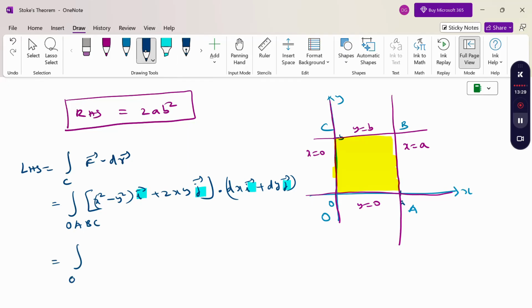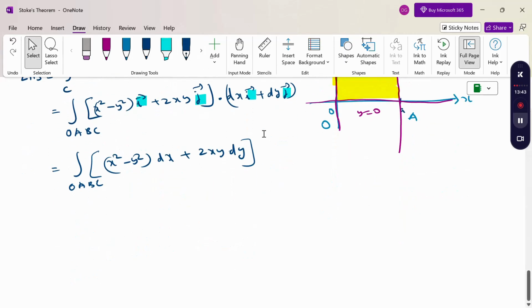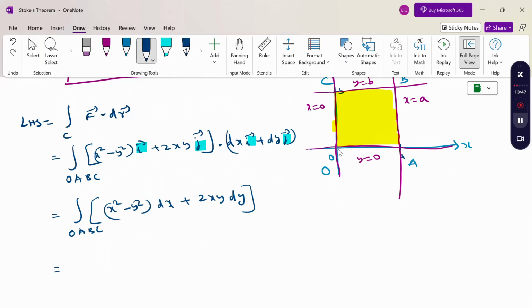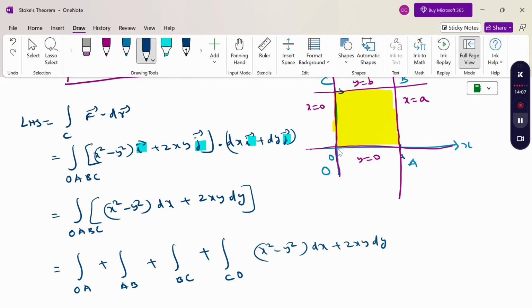Therefore the integral over O A B C of x square minus y square dx plus 2xy dy. The whole line O A B C must be found individually. That is, the integral over O to A plus A to B plus B to C plus C to O of x square minus y square dx plus 2xy dy.